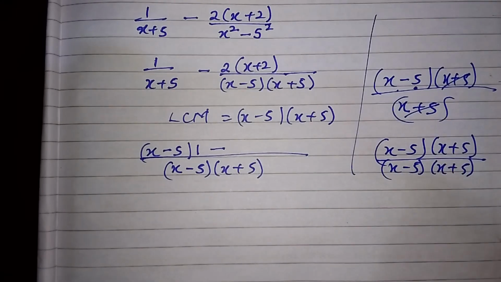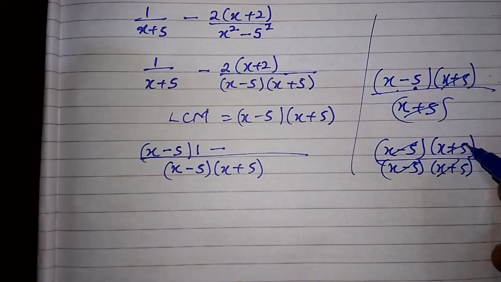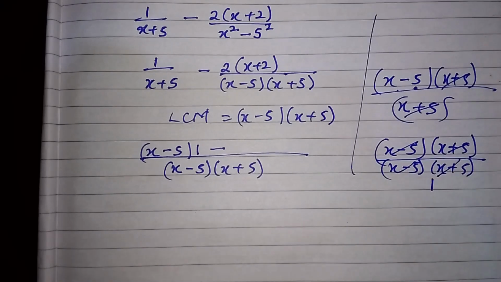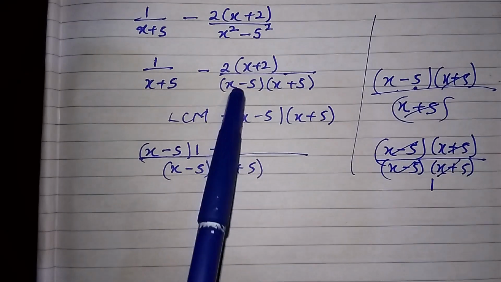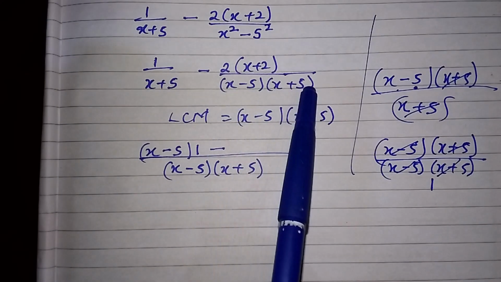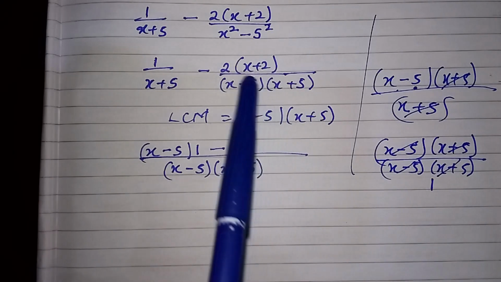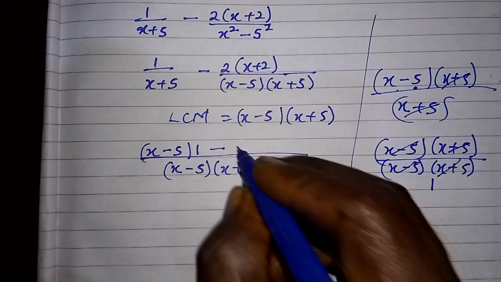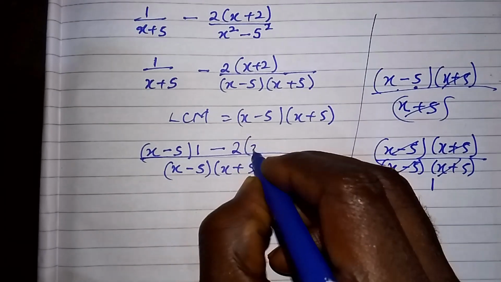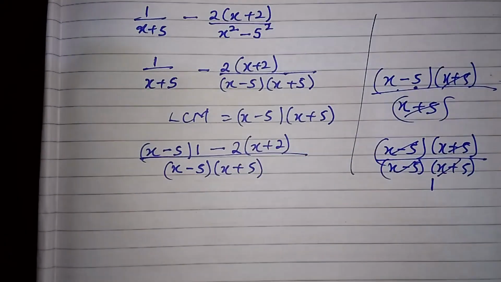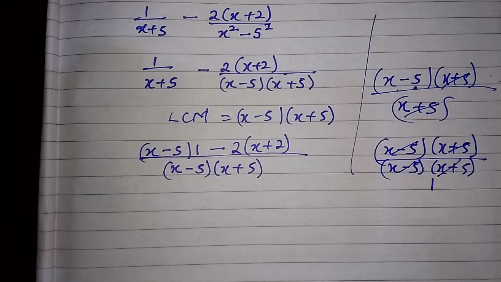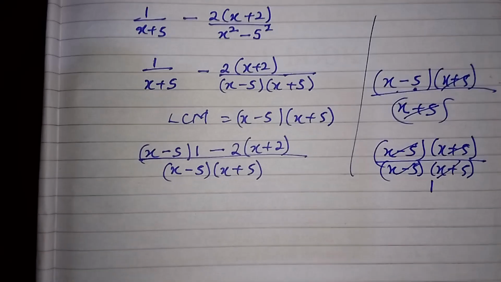So what do we see? This cancels this cancels this. So what do we have left? We have 1 left. So this means that x minus 5, x plus 5 goes into the LCM 1. And this 1 will multiply the numerator of that. And that will still give us 2 into bracket x plus 2. Remember, any number times 1 gives us the same number. So let's take note of that.